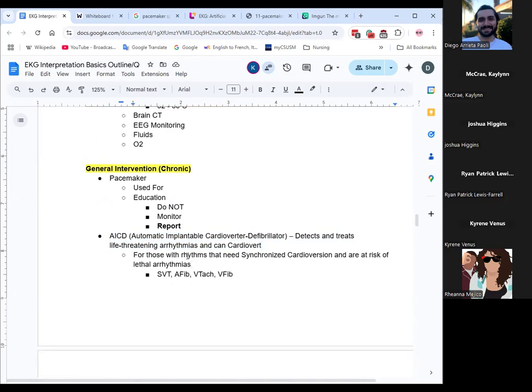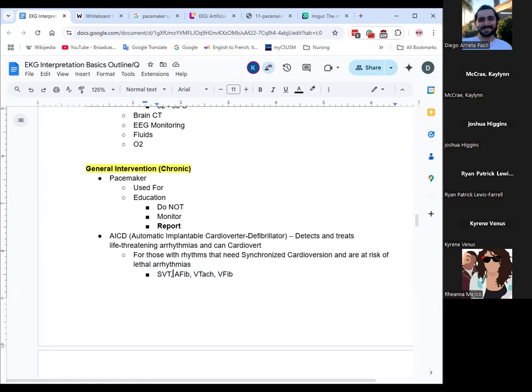So it would be given to those at high risk of lethal arrhythmias, maybe someone with sick sinus syndrome that we talked about, who can go into VTAC or AFib with RVR, SVT, and whatnot.